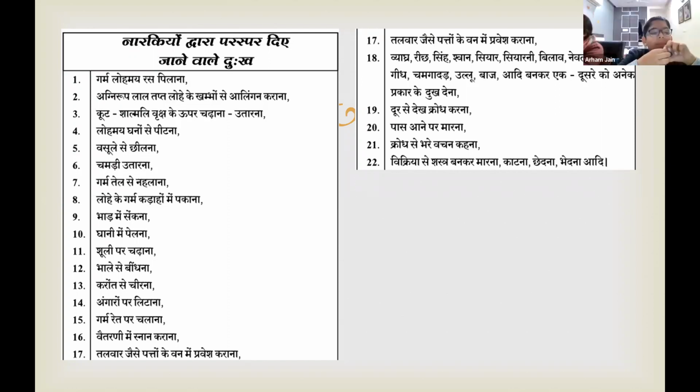You can give them an example. That's what happened with Jesus Christ, basically. No, he was crucified. No, that did not happen with Jesus Christ. It's like giving somebody a death sentence, is what I'm talking about by Shuli par chadhana.